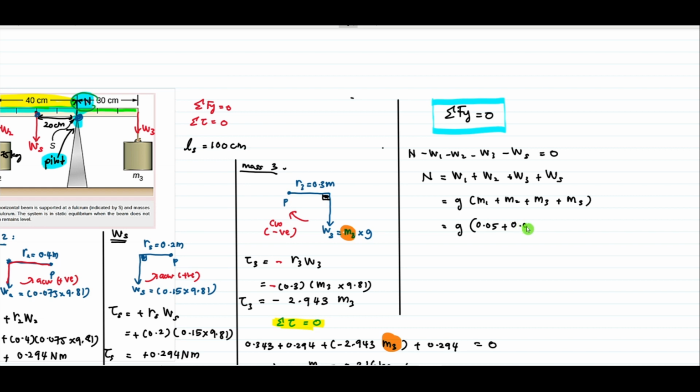M2 0.075 kg plus M3, M3 kita dah dapat tadi kan, 0.316 plus the mass of the stick is 150 gram, tukarkan kepada kg. Boleh. Okay, and finally you akan dapat jawapan normal force is equal to 5.8 Newton. Okay, so finish example number 1.